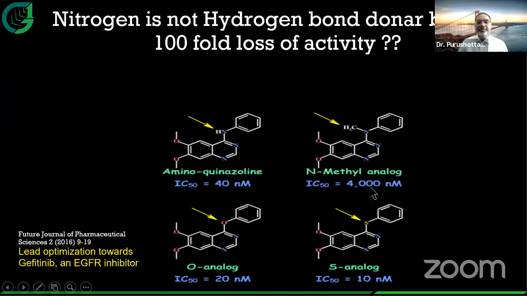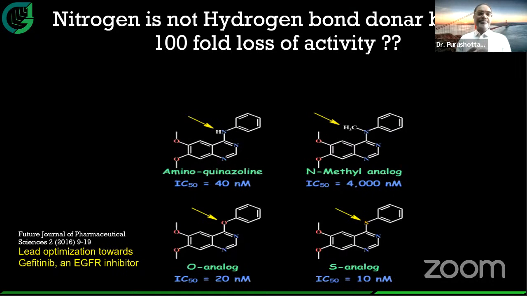So the N-methyl analog was 4000 nanomolar. So this is almost 100 times loss of activity. From the first two compounds, it is very clear to us that probably the hydrogen is important, because we have learned about hydrogen bonding, intramolecular hydrogen bonding, and the hydrogen may be involved with the protein in hydrogen bonding.